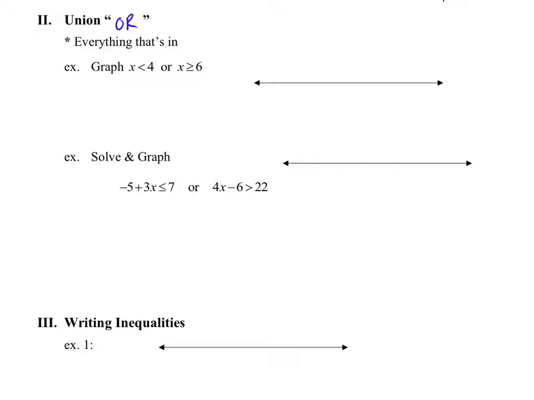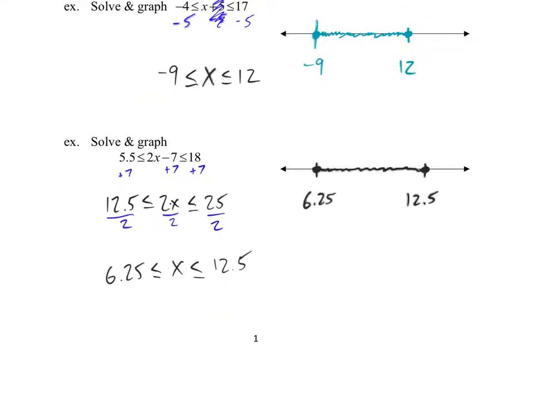As we've had absolute value, our solutions have been x is this or x is this. We've been doing unions so far. Union is everything that's in one or both. So as we graph these and shade one direction or the other, anything that's shaded once is included in the answer. It's not like what we were doing on the last page, where it has to be in both for it to count.